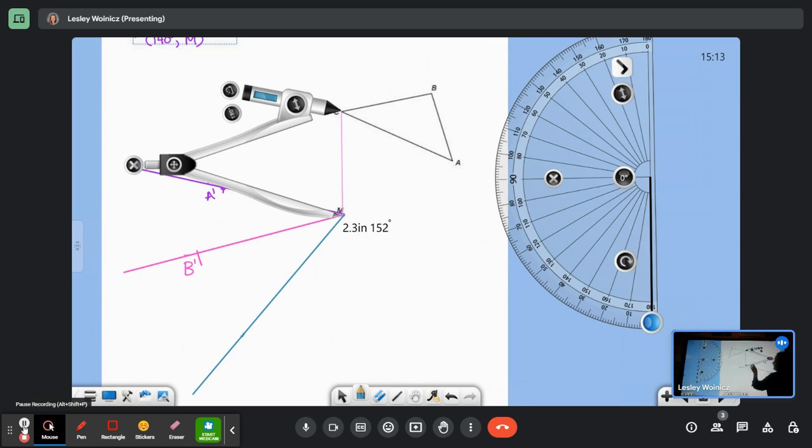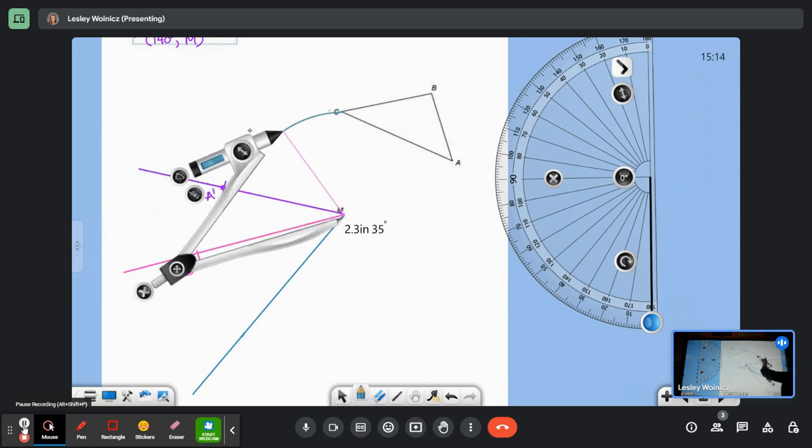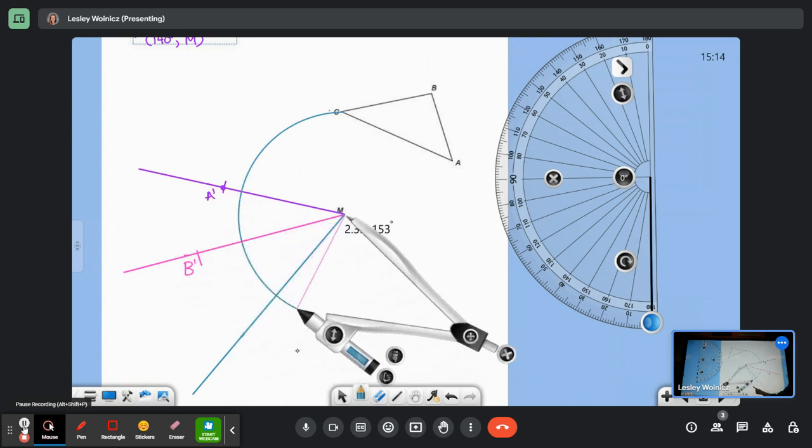It's just easier if I put it on M, then I can pivot and make a mark. Then I'm going to do my arc. You only have to do a tick mark. And that intersection is my point C prime.